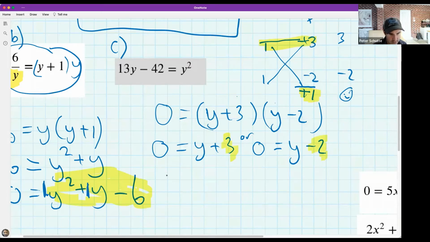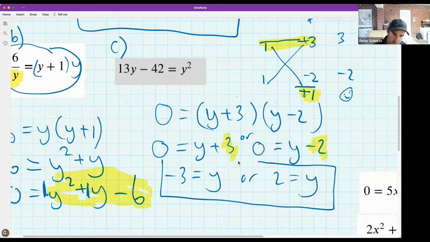And I should get, let's make sure I don't make a silly mistake here, because I am going a little bit quickly. y is going to be equal to -3, or 2 is going to be equal to y. It's the same idea. Okay. So those are my two answers.